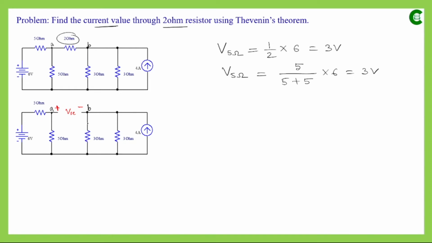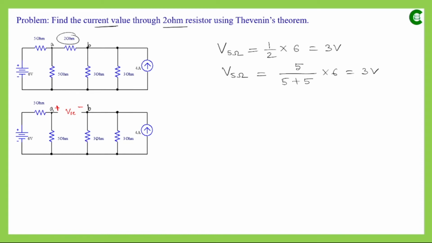Now in the right side of this network, since these two resistors are connected in parallel, the current flowing from this current source will be divided into two parts at this point, and separately they will flow through the individual resistors. Again, these two parallel resistors have the same value.